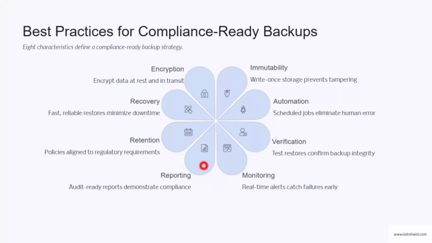If any change is made to a backup job that you have already created, that audit log is proof that shows who changed what, and when. So reporting is very important. These 8 characteristics in a backup solution will ensure your data is compliant.